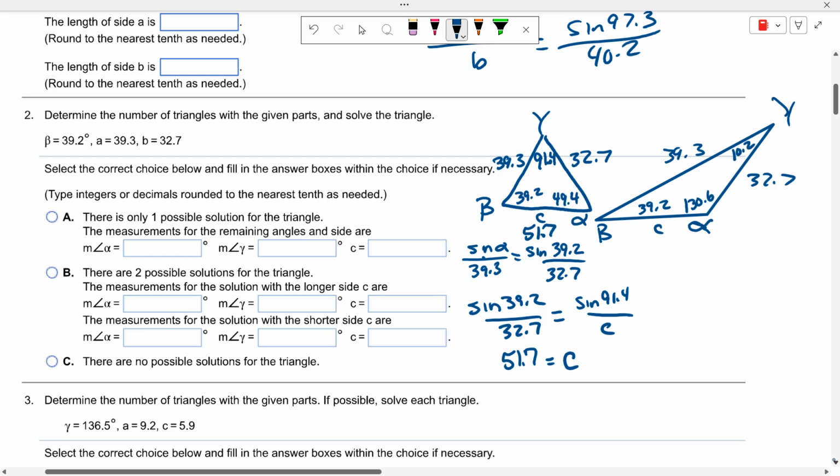And then over here, got to do the same thing. Sine of 39.2 over 32.7 equals the sine of, this time it's 10.2 over c. So 32.7 times the sine of 10.2 divided by the sine of 39.2. What does c wind up to be?